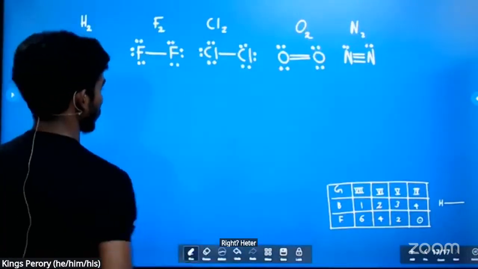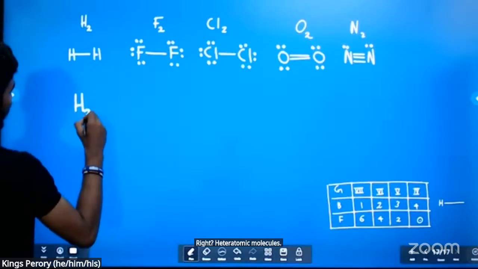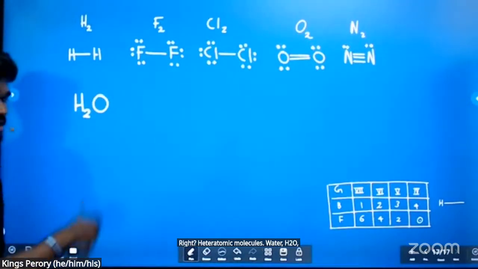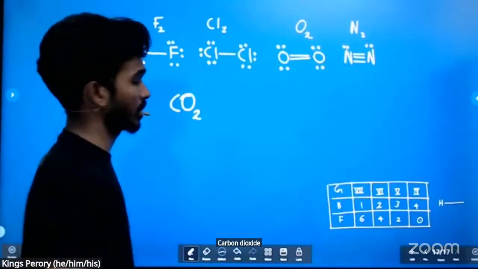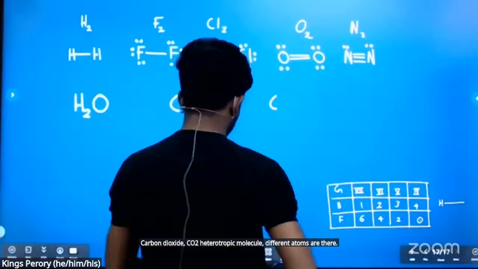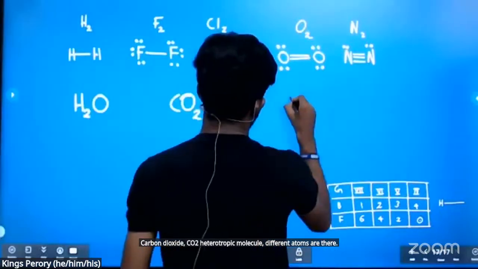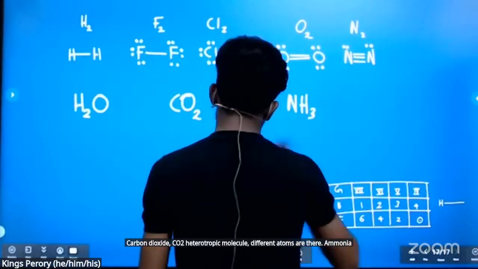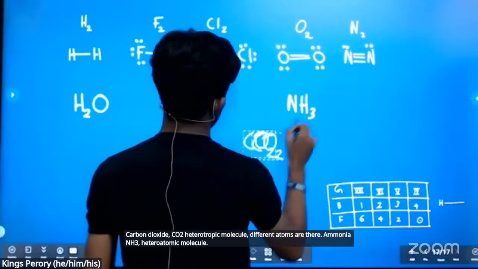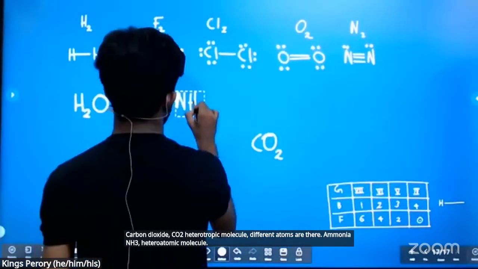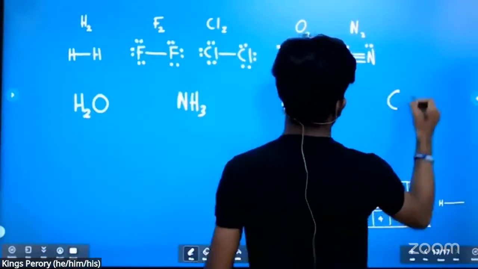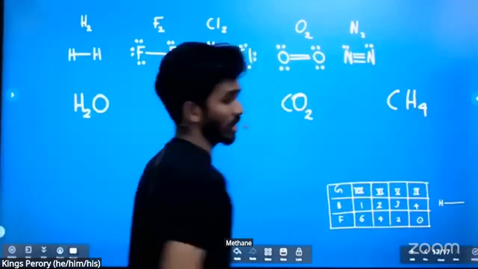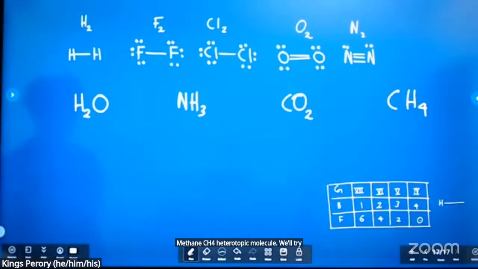Heteroatomic molecules. Water, H2O. Different atoms are there. Carbon dioxide, CO2. Heteroatomic molecule. Ammonia, NH3. Heteroatomic molecule. Methane, CH4. Heteroatomic molecule. We'll try to draw their structures.